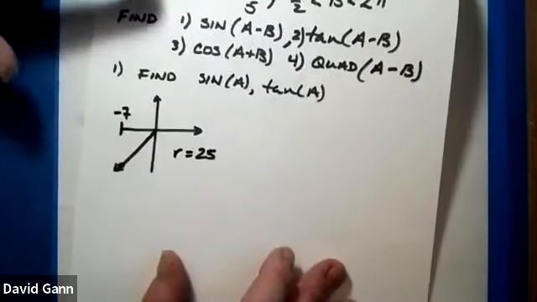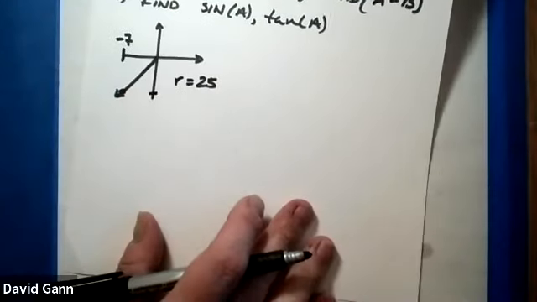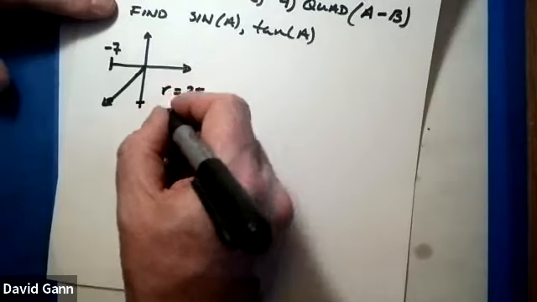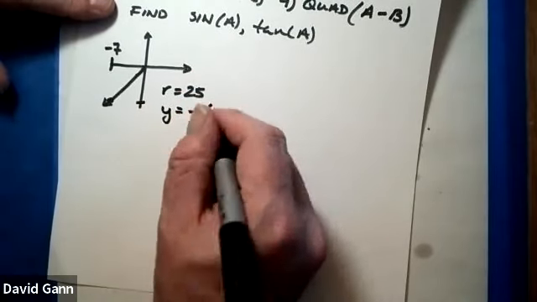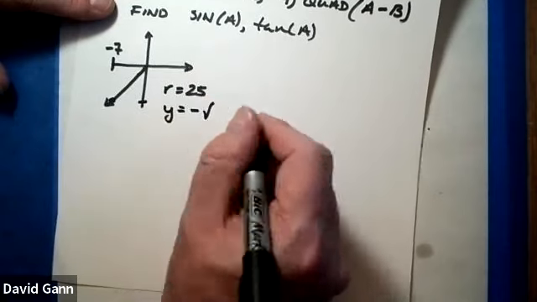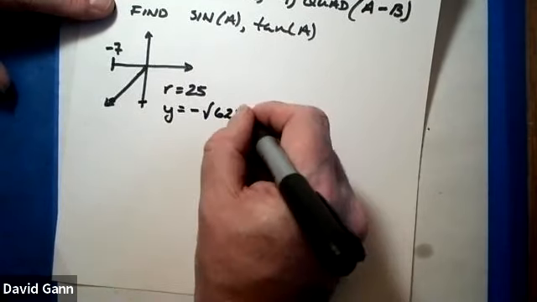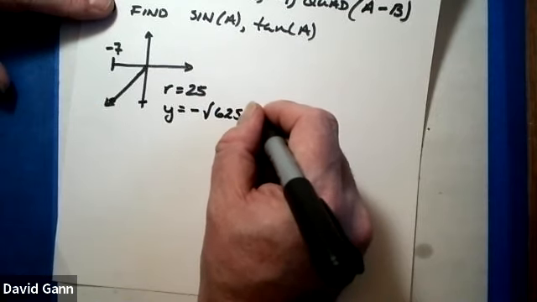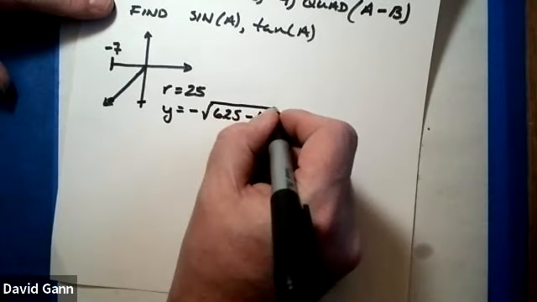Right? So what's the Y value? Well, the Y value is going to be equal to the negative square root of R squared, which is 625, minus X squared, which is 49.